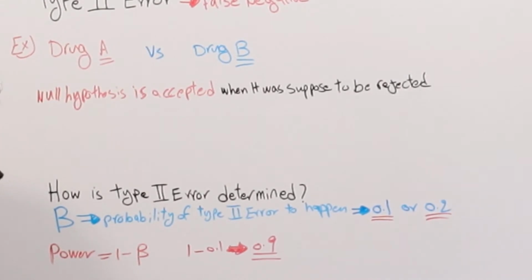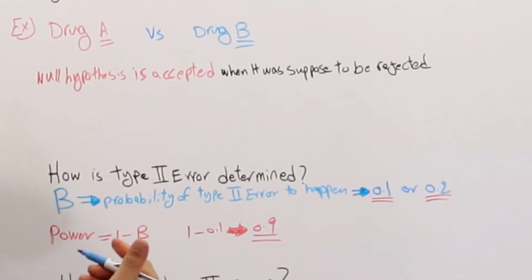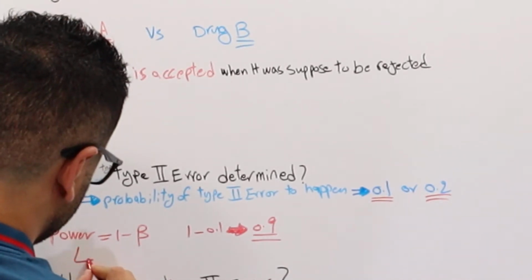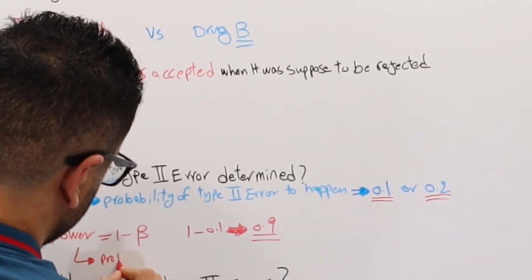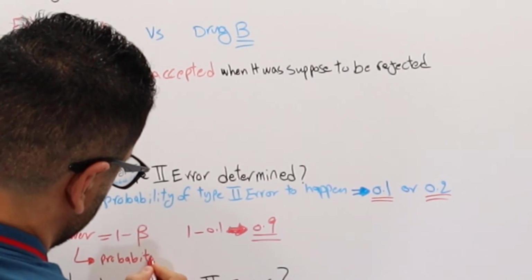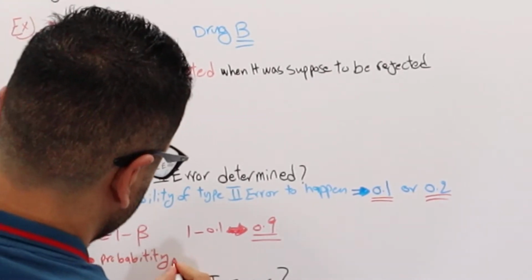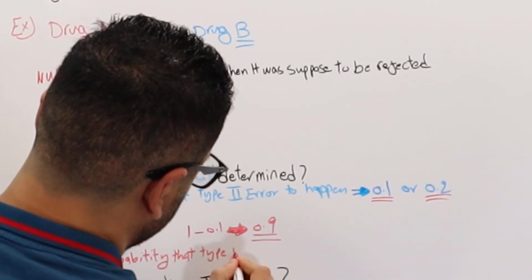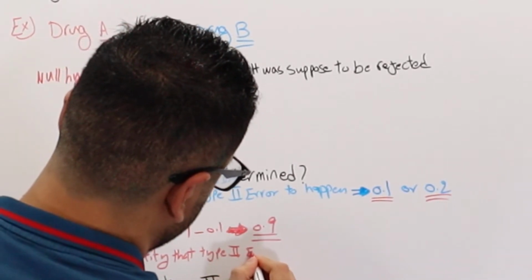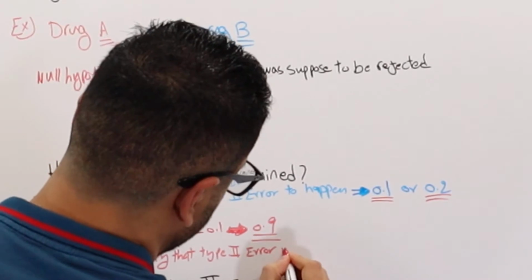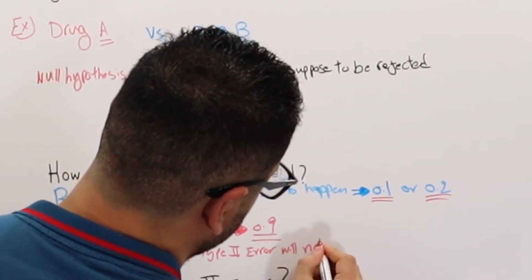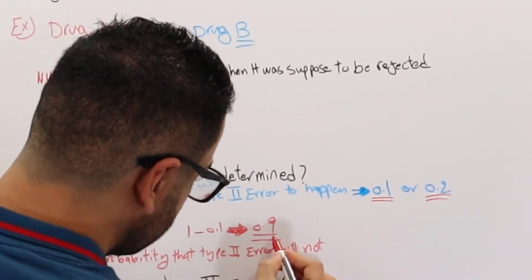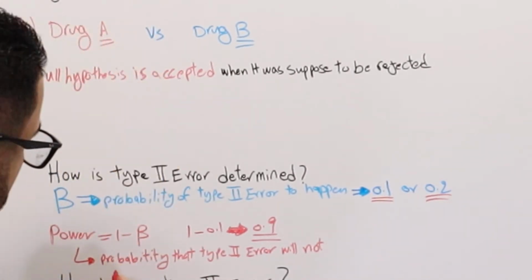And power is basically the probability that type 2 error will not happen. So in this case, we have a 90% chance that type 2 error will not happen.